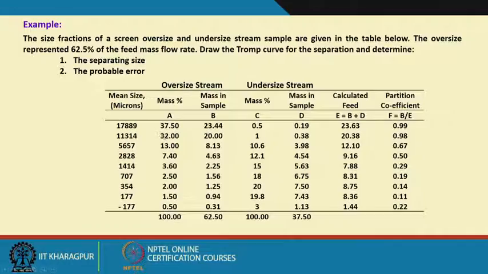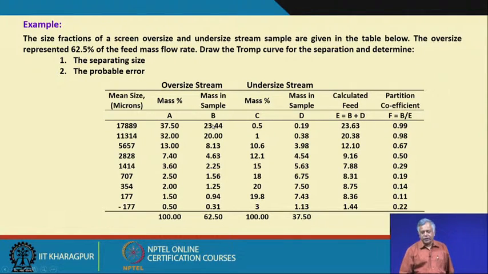So, 62.5 tons has gone to the overflow, and the remaining 37.5 tons has come to the undersize. That 62.5 tons consists of how much of plus 17889 microns? That is 23.44 tons. Like that we are basically discretizing it. If I now go back, how much of that plus 17889 micron material was there in my feed?